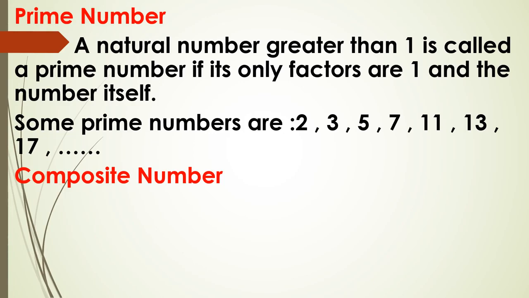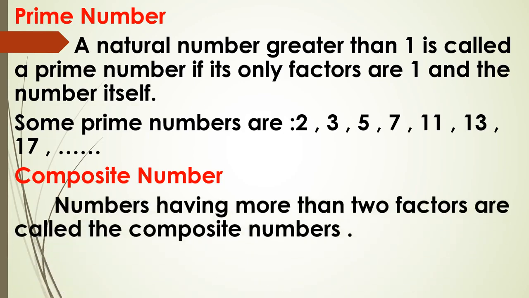Now next is composite number. Numbers having more than 2 factors are called composite numbers. Prime numbers we have learned are those which have only 2 factors, 1 and the number itself. So composite numbers are those which have more than 2 factors.